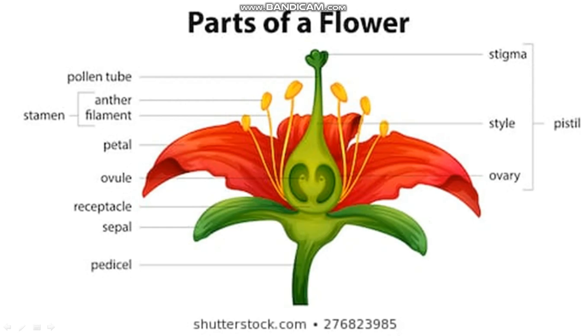This yellow colored part is the stamen and anther, and this tube-like structure is called filament, right. And the gynoecium is called pistil here actually. So stigma, style and ovary are parts of the pistil. Clear? So this is the typical structure of a flower.